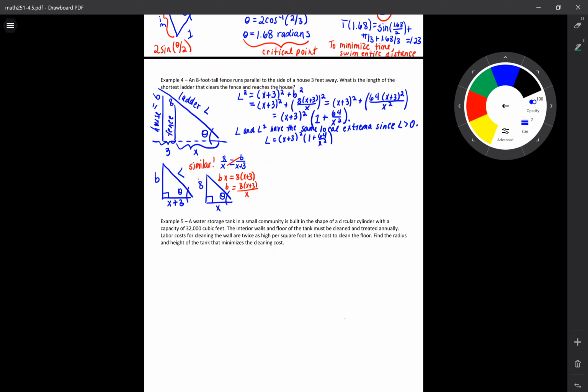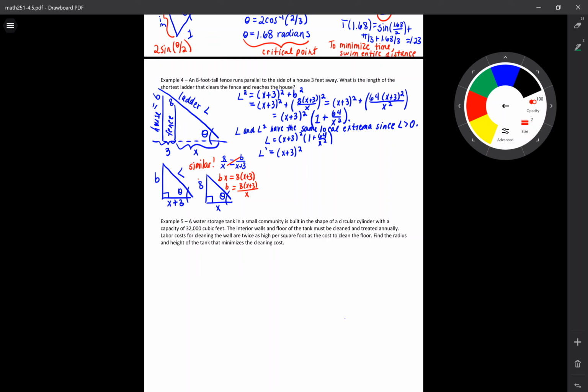Okay, so now since I want to try to optimize L, I'm going to take the derivative and set it equal to 0. So I see that L prime, I'm going to have to use the product rule here. So L prime is equal to the first, x plus 3 squared, times the derivative of the second. What's the derivative of the second?